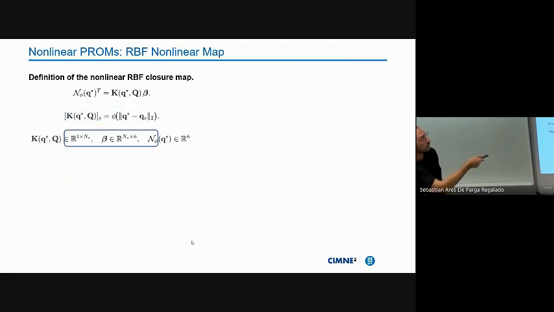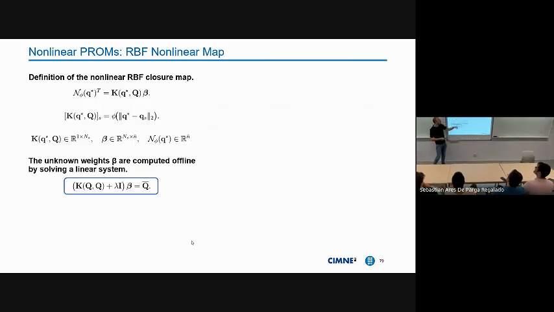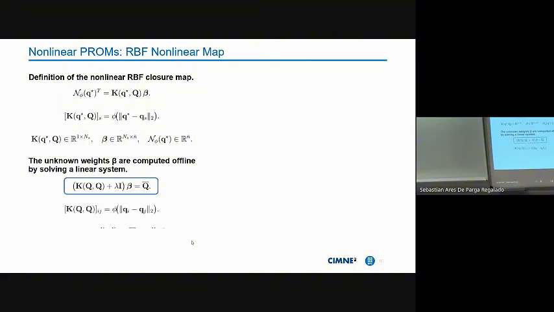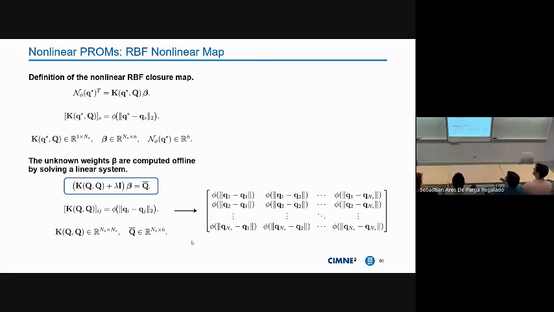Once we have defined this, we can go ahead and ask: how do I find the weight matrix? For that, we need to solve a linear system. It's very easy, and I want to go very deductive. The matrix K here is exactly like the vector, but only with the training data points.